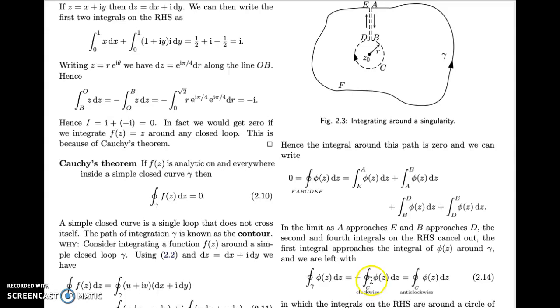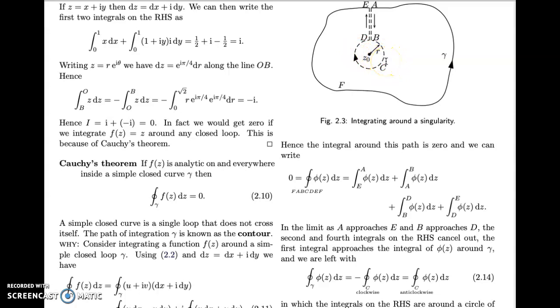If we change the direction, that's just minus the anti-clockwise integral, the other way round. So what we've now shown is that the integral around here is the same as the integral around a small circle. We can shrink this contour, gamma, a simple closed curve is called a contour by the way, to just a circle surrounding the singularity.